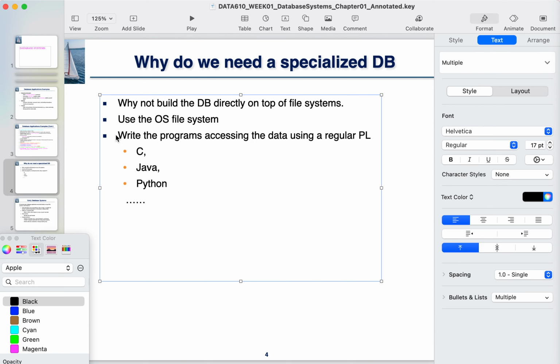We could implement our own database management system by writing some code.